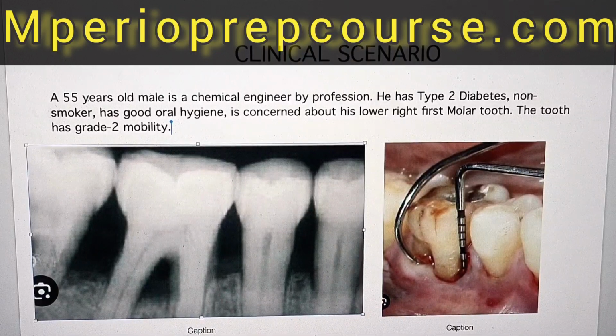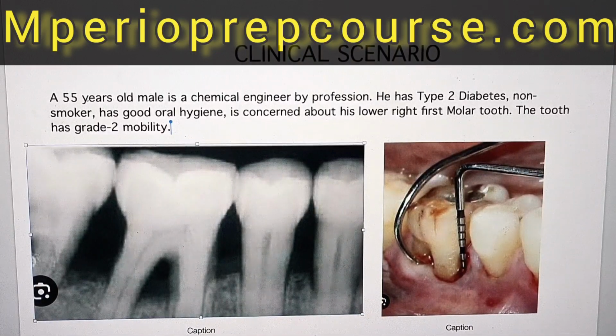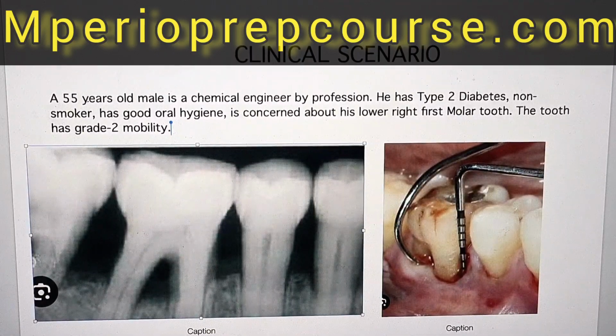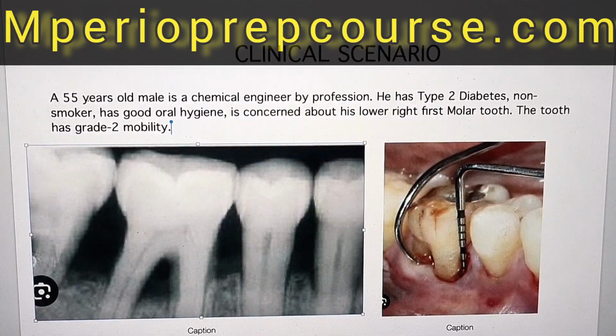Okay, so what advantages and disadvantages do you think this treatment has? As far as the advantages are concerned, this treatment requires less time, this procedure has low cost, and there is no need of any endodontic or prosthodontic therapy, and it is easy for the patient to clean the area after the treatment.